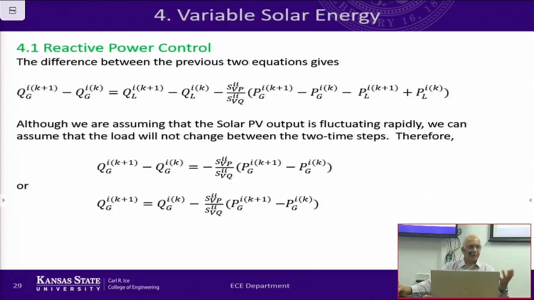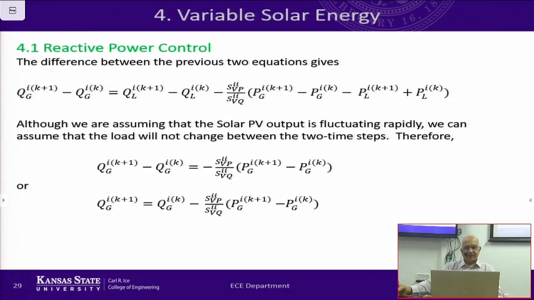We can assume that the load is not going to fluctuate because load does not change as fast. So we can delete the load values here, the PL. We can assume these to be the same, so they cancel out. The QLs cancel out. So this becomes the reactive power at time k plus 1.